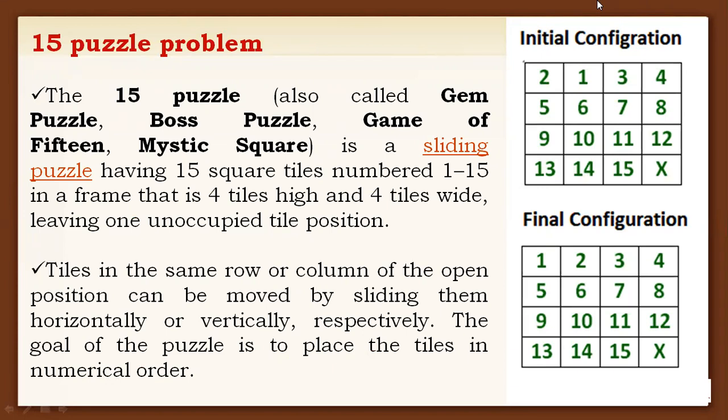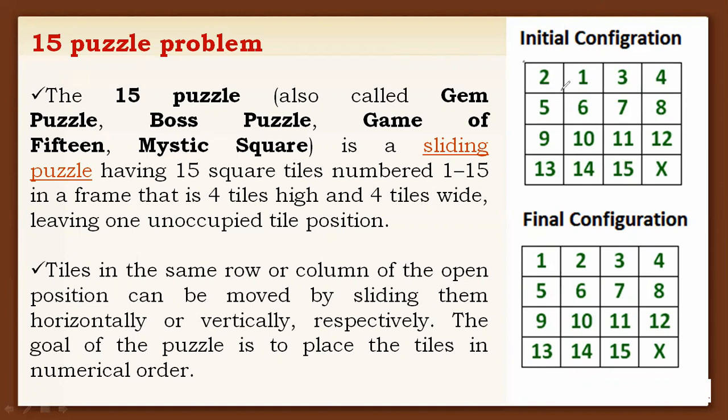The 15 puzzle problem: initially you need to take a 4 by 4 matrix or chessboard. The chessboard contains 4 into 4, 16 square tiles.